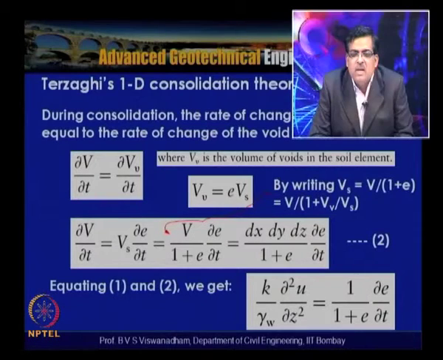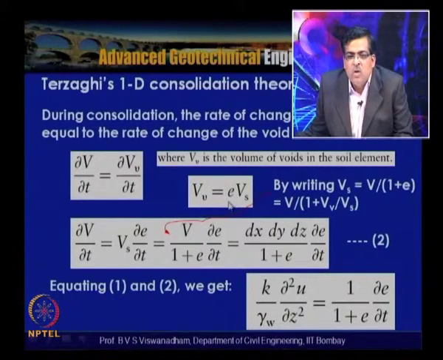So we can write Vv is equal to e Vs, and now that particular equation we can write in terms of ∂V by ∂t. By differentiating this we get ∂V by ∂t equals Vs into ∂e by ∂t.